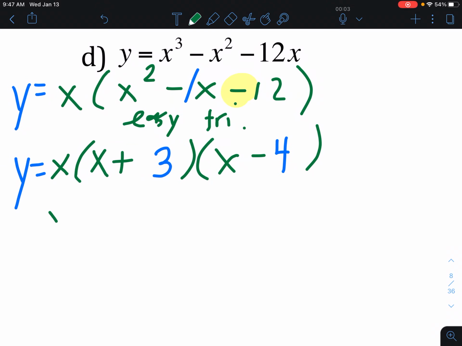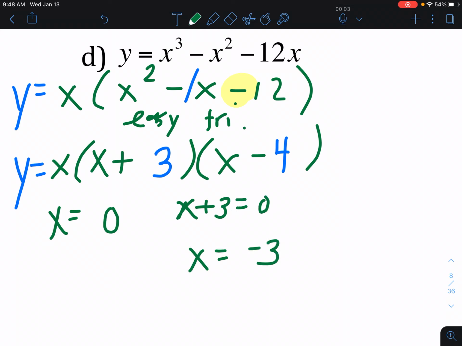The first one from your GCF, x equals 0, that's done. We have a zero of 0. The second one, x plus 3 equals 0, so subtract 3. And the last, x minus 4 is 0, add 4. So we have 3 zeros here, and done.